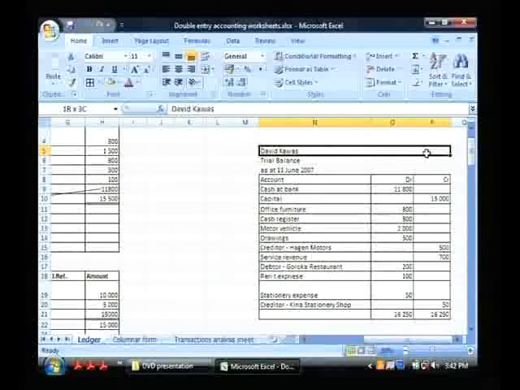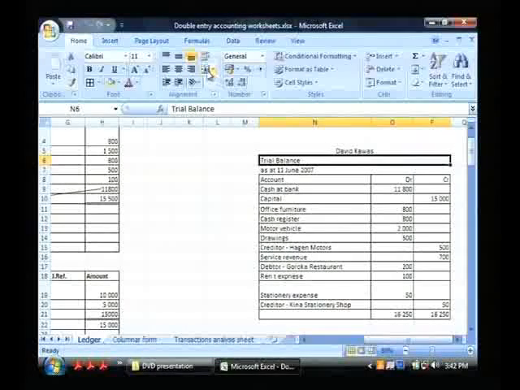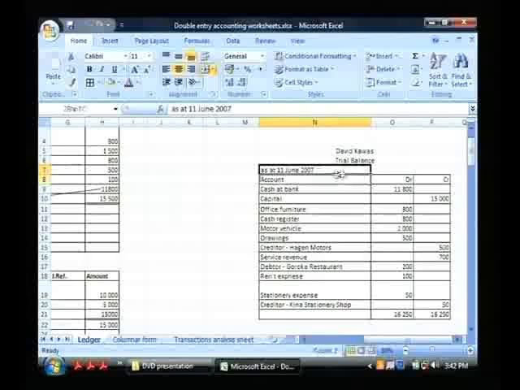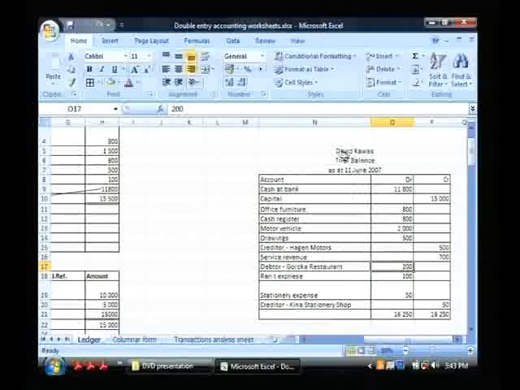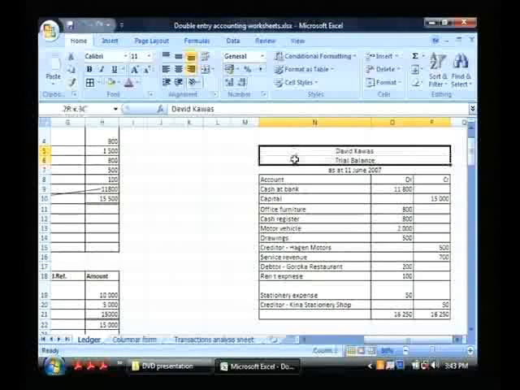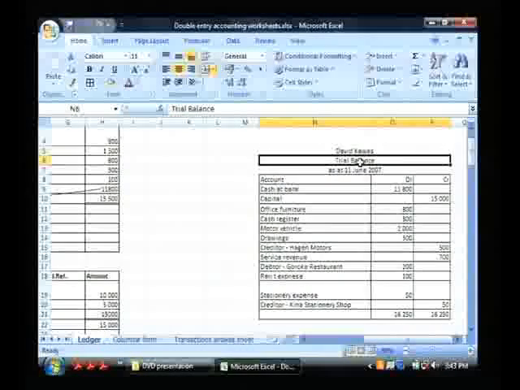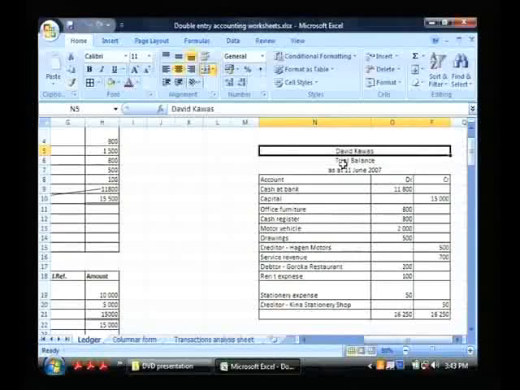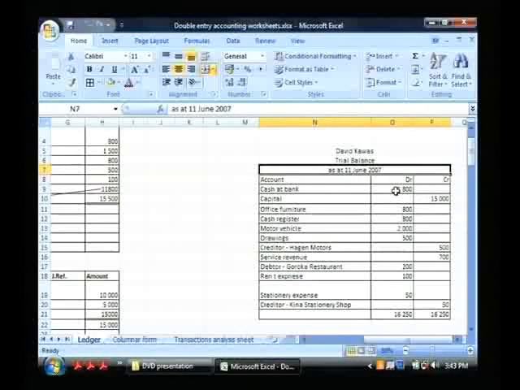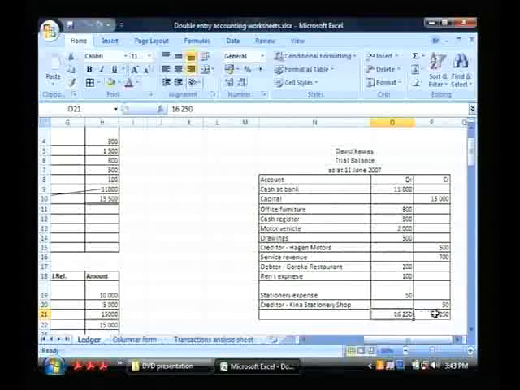If you follow the double entry principles, each debit entry must have a credit entry, and debit total always equals credit total. Debit equals credit, so therefore debit balances equal credit balances at the end of any period after posting the transactions following the double entry principles.